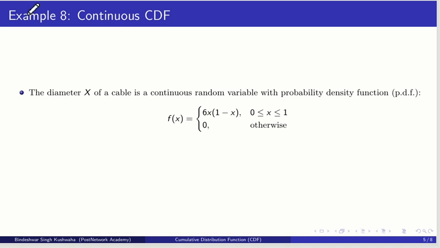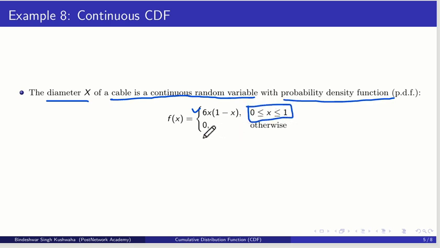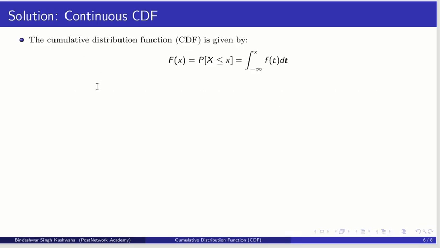Suppose the diameter x of a cable is a continuous random variable with PDF given by 6x(1 minus x) if x lies between 0 and 1, otherwise it is 0. Let us find the CDF. Just integrate the density function from minus infinity to x.